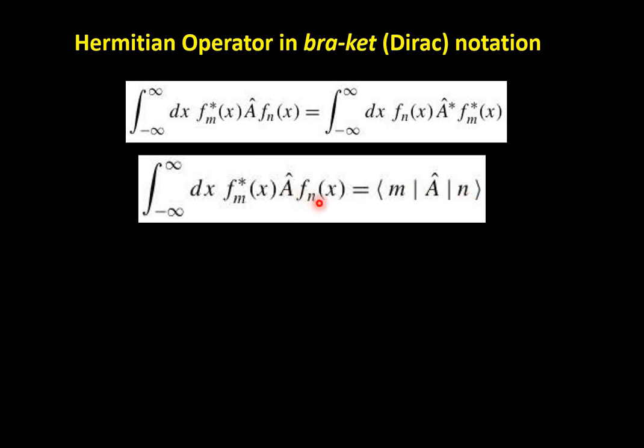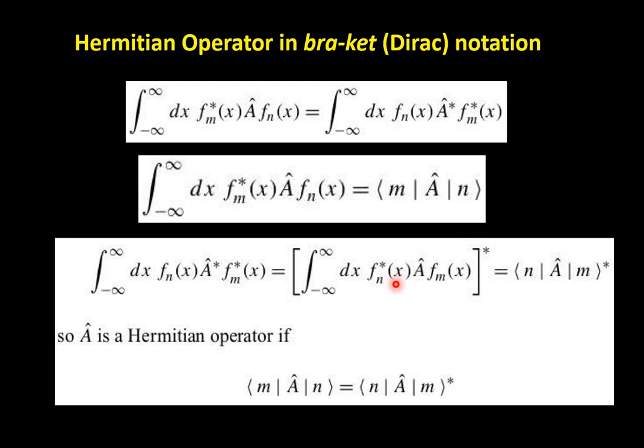So whatever has a star can be written in the left side bra position, and otherwise it goes to the ket position. That is the usual way of bra-ket notation.